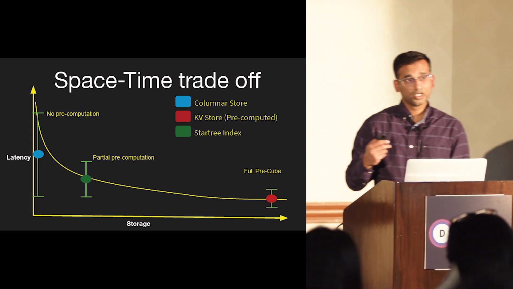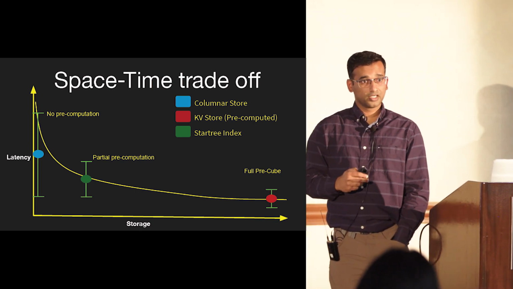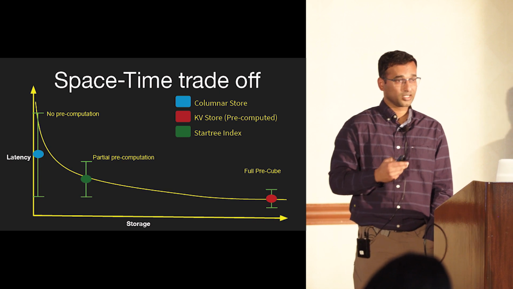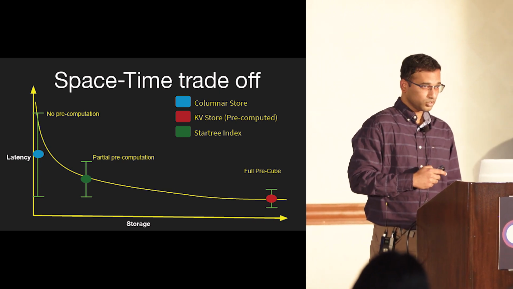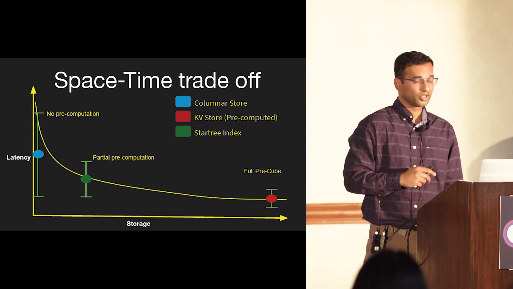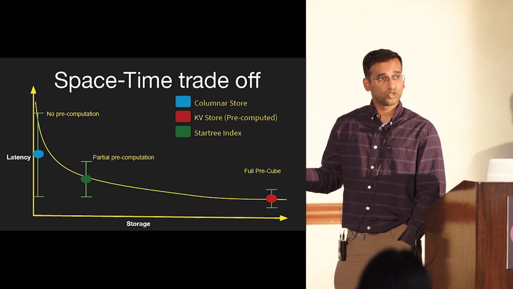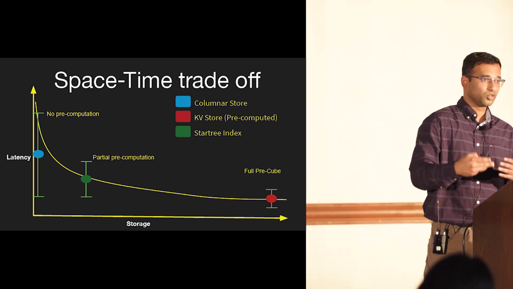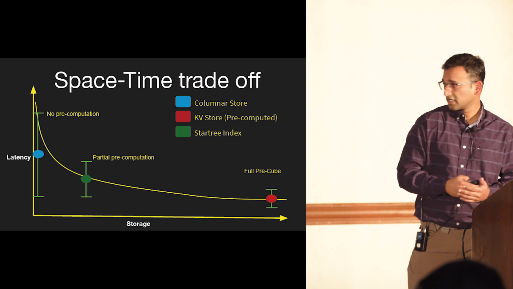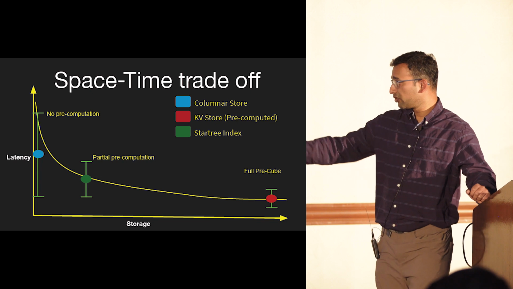So for example, in the previous case where I mentioned US, it looks at the data and figures out automatically that, hey, if you ask a query for US, you have to scan so many rows. So I'm going to actually pre-compute only for US, but not for Ireland. Because typically the explosion in pre-cubing comes because you're pre-cubing for every combination without knowing whether it's going to be expensive or not.